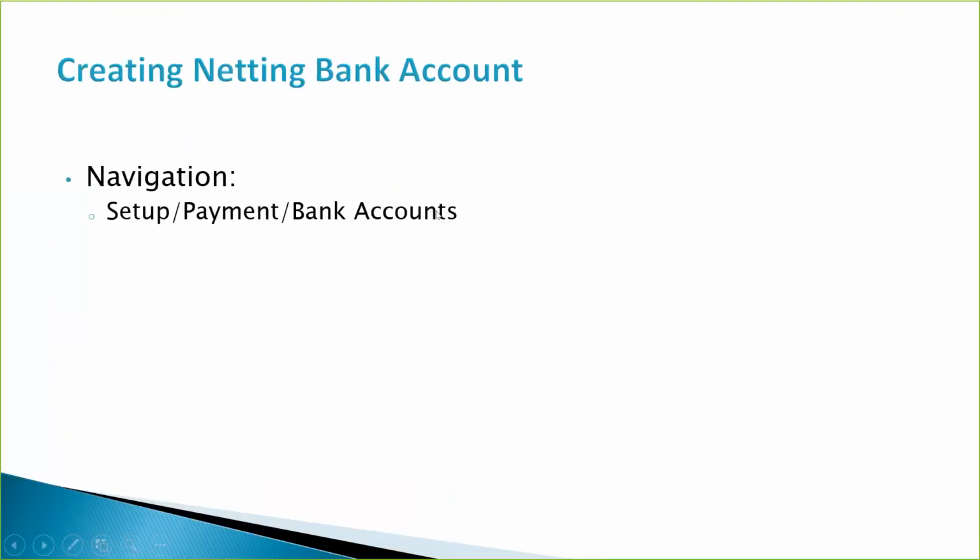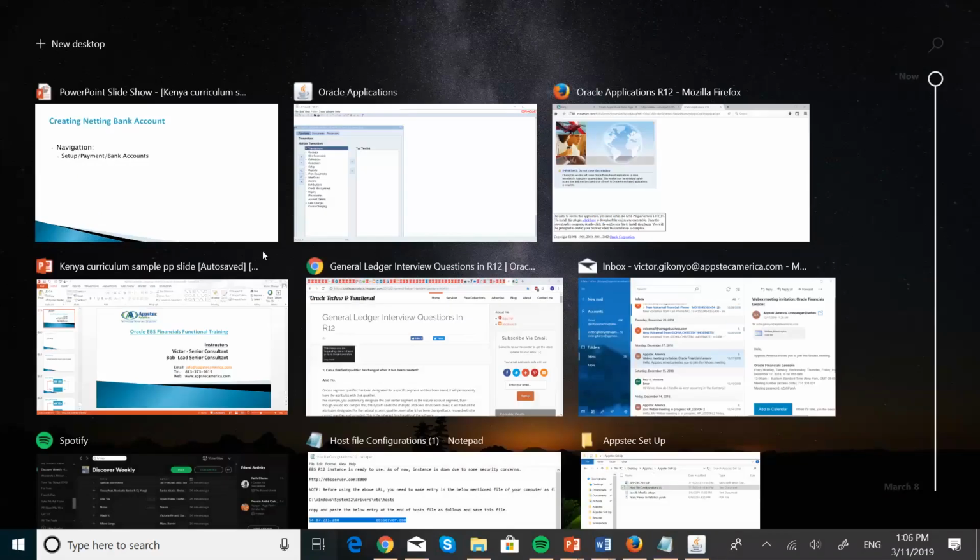Now we need to create a bank account, which we are going to associate with that dummy cash account called Netting Control that we have created. We need to follow this navigation, set up payment bank accounts.